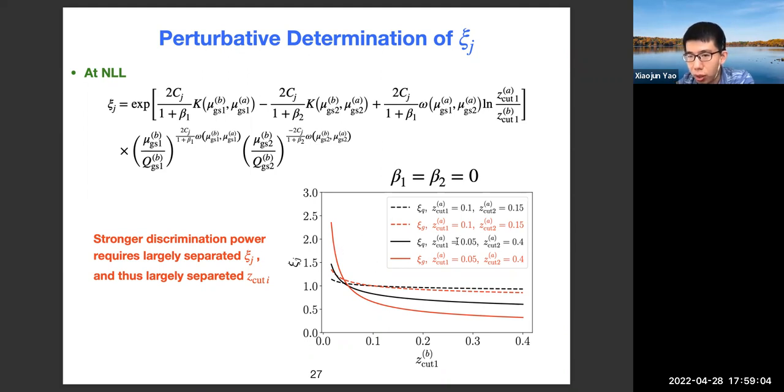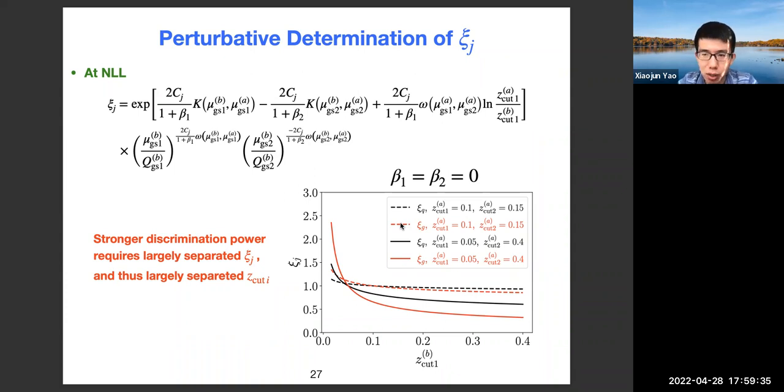And you see in this plot, for this case, where we have 0.05 and 0.4, the two linear combination coefficients differ significantly in a wide region of the z-cut b parameters. While for this case, depicted by the dashed lines, these two curves are almost on top of each other, which means if you want to construct these observables using the dashed lines, you will have a fine tuning in the observables, which is not good.